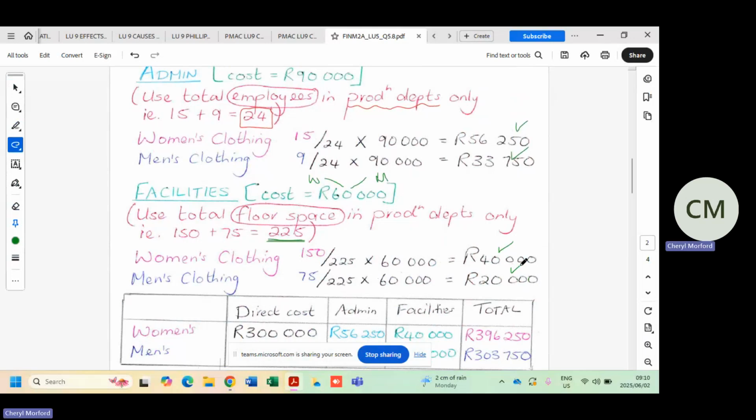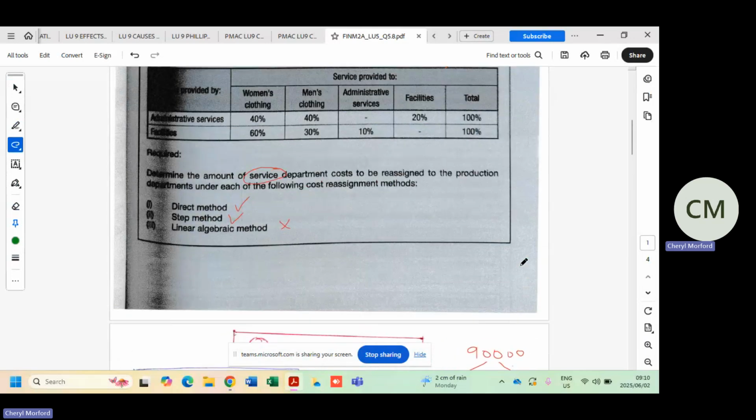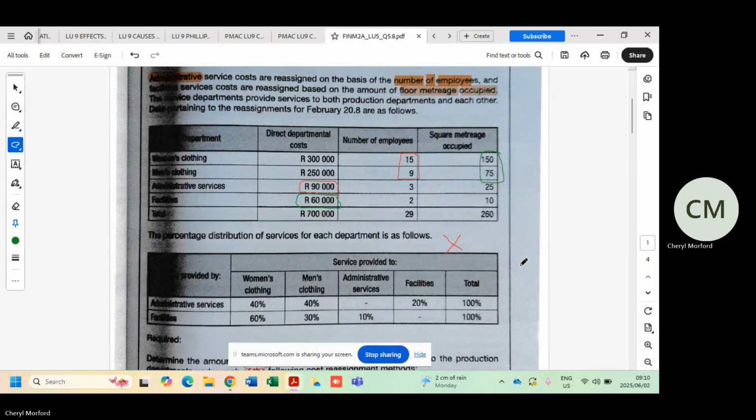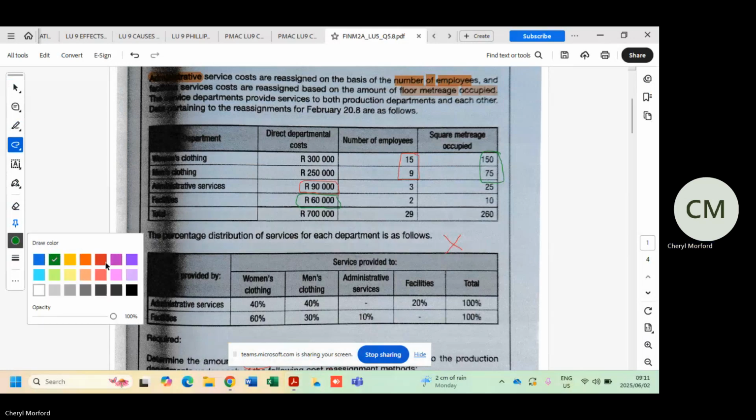We have taken the service department costs and we have reassigned them to the production departments. So now we need to write it all up. But we mustn't forget that the production departments also have their own direct department costs. So we need to add the reassigned service department costs onto their own department costs, which are these ones over here.